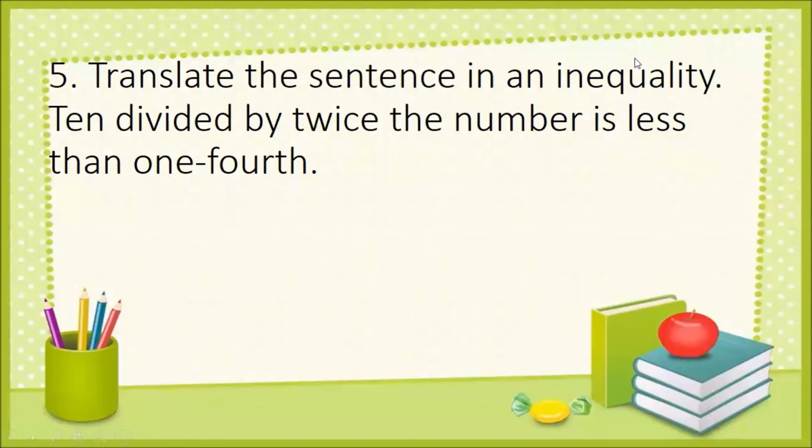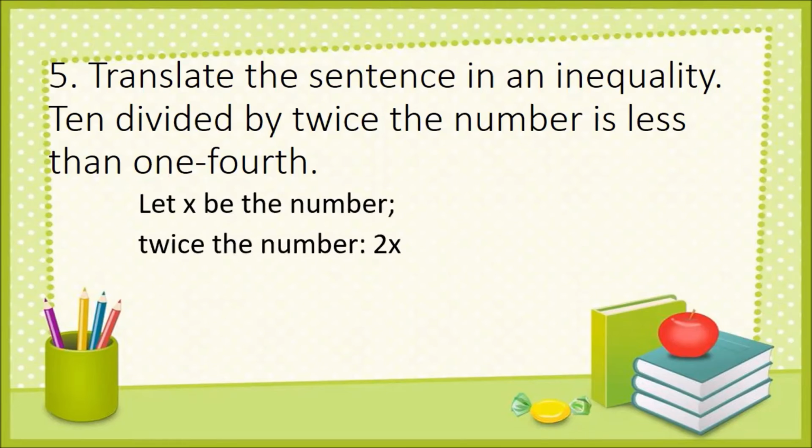Okay, example number 5. Translate the sentence in an inequality. 10 divided by twice the number is less than 1/4. Let x be the number. Twice the number is 2x. So, our translation of the sentence in an inequality symbol is 10 over 2x, or 10 divided by 2x, less than 1/4.